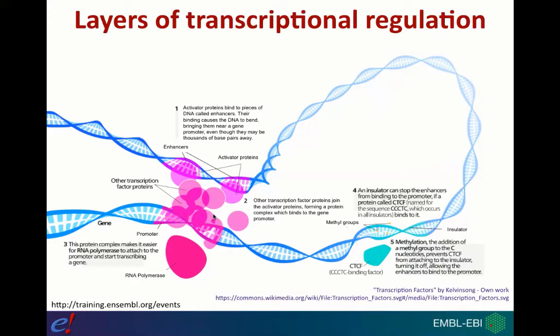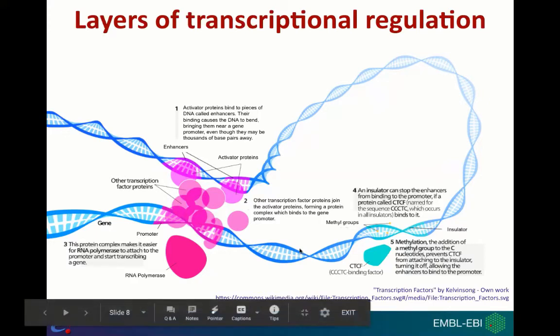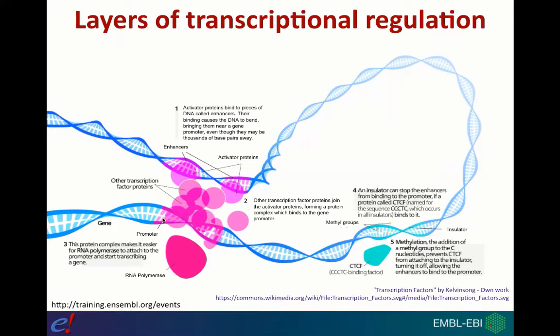So we might have a gene here, for example, that's encoded in the DNA. And immediately upstream of that gene, we might have a promoter region. Now, promoters bind a subset of proteins called transcription factors. Those transcription factors might either directly bind to the DNA itself or bind to one another to form a transcription factor complex.